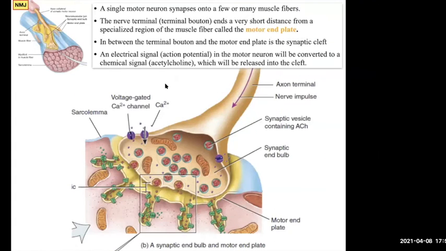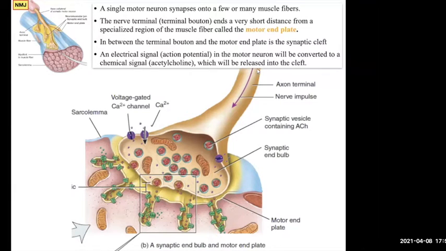So here's the chain of events we want to look at. We have this single motor neuron coming down, branches off, gets to this motor end plate right here. There's going to be an action potential that comes down the length of the axon, ending up at the axon terminal.